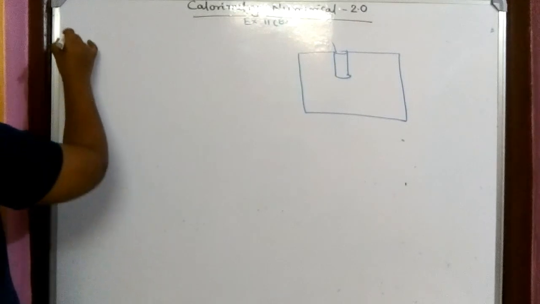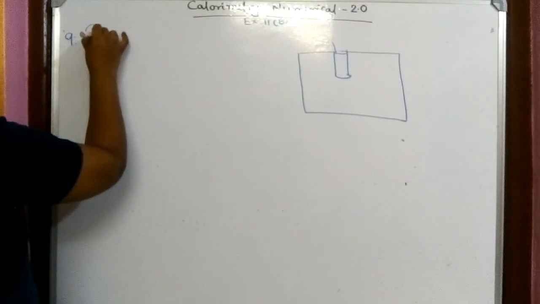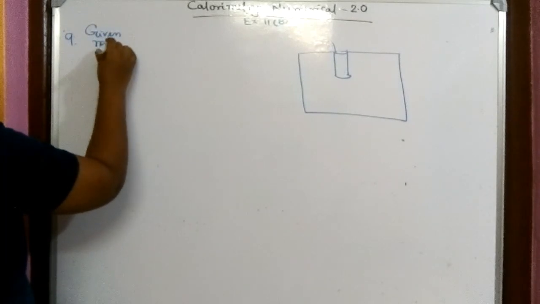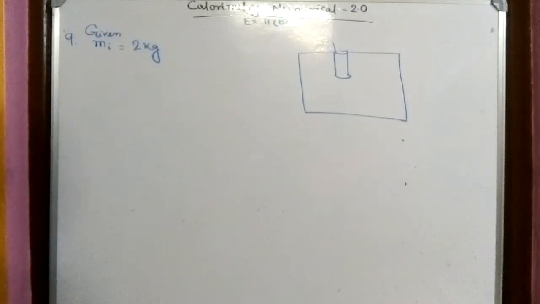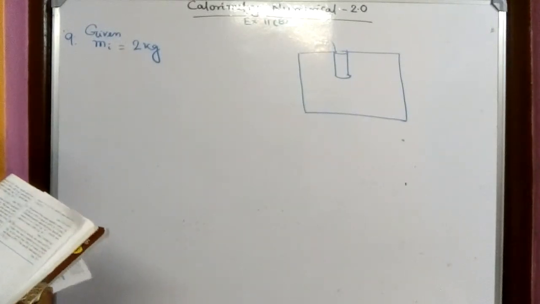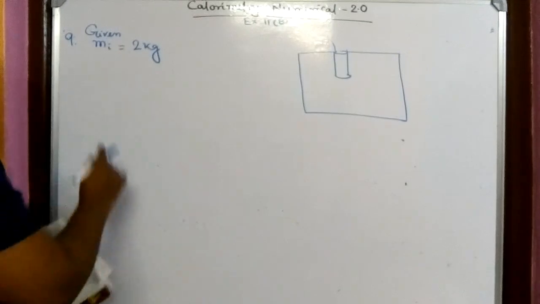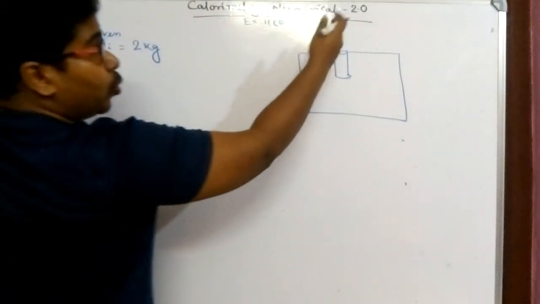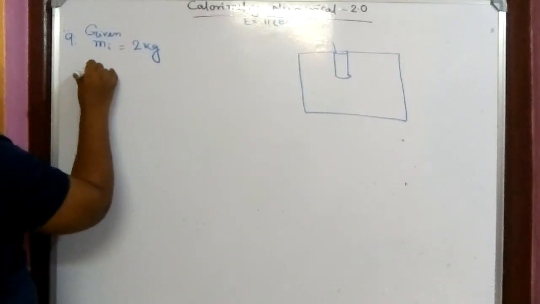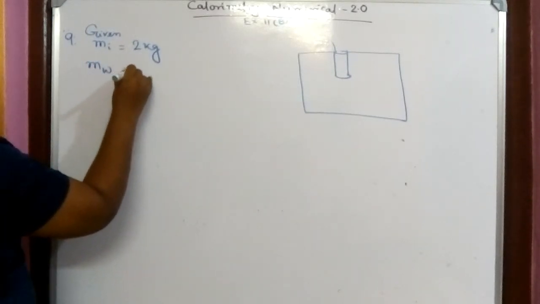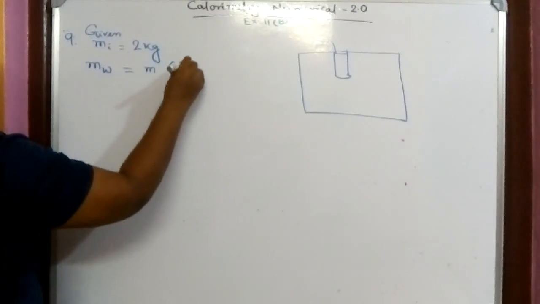Now the ice will melt, here it is mentioned, that is mi, mass of ice which melts, that is 2 kg. Mass of ice, it will melt 2 kg. Okay, and mass of water we don't know how much water is put here. Okay, it is not there. So mass of water mw, that is m, let.